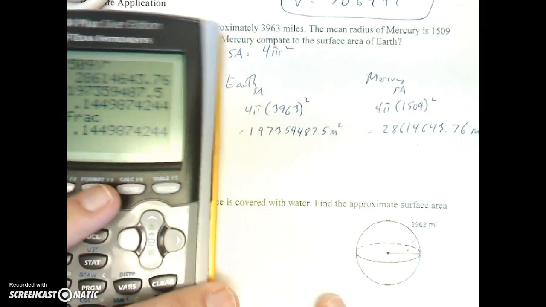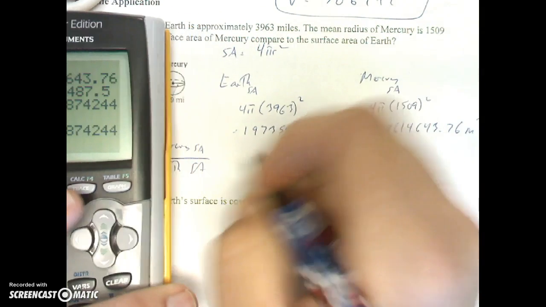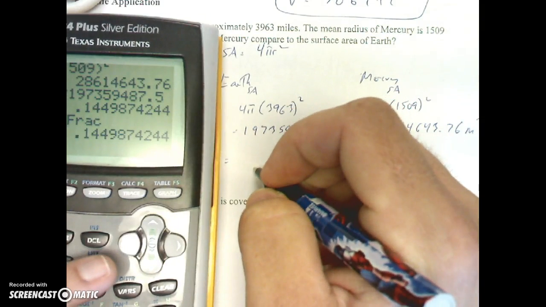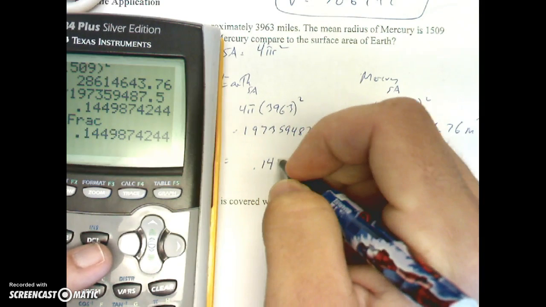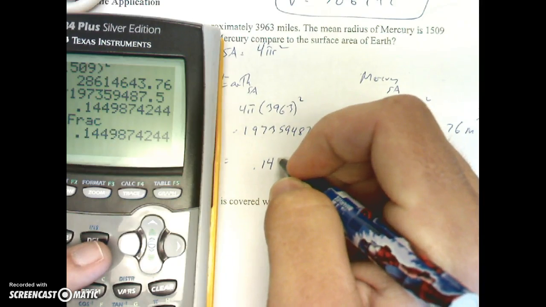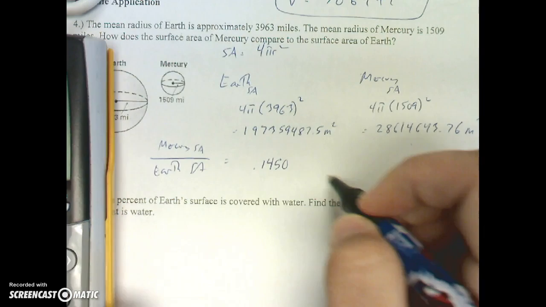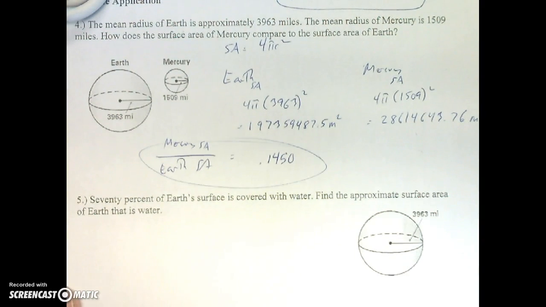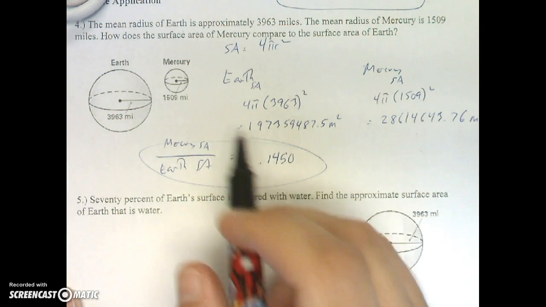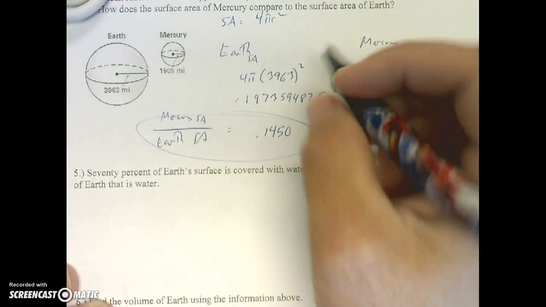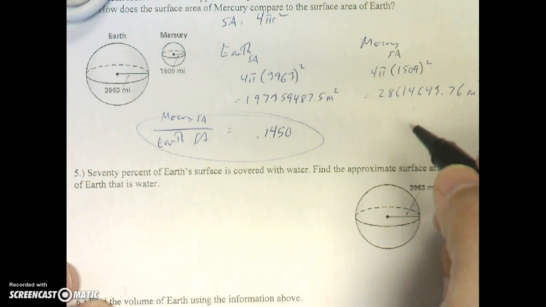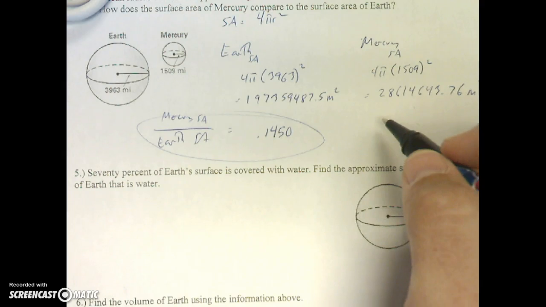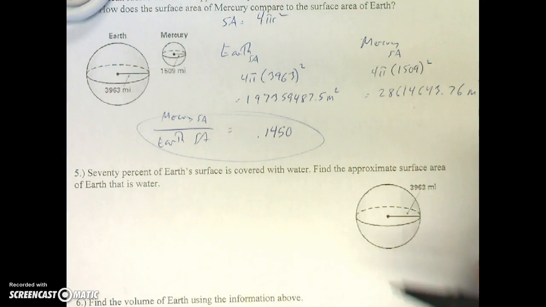What it will do here is, the comparison is 0.14, to 4 decimal places. So Mercury, it's almost like your scale factor. We're back to chapter 8, how we found that. So you'll notice it's this much when you're comparing the two. The miles squared cancel out, so we're just left with that decimal. So you can see how much of a difference there is.